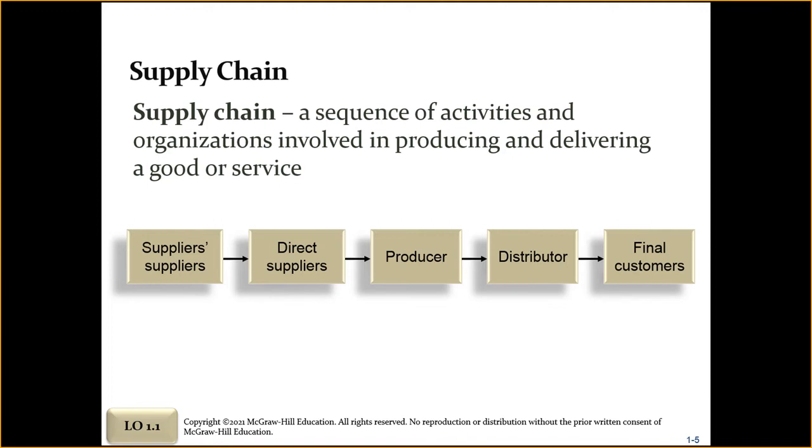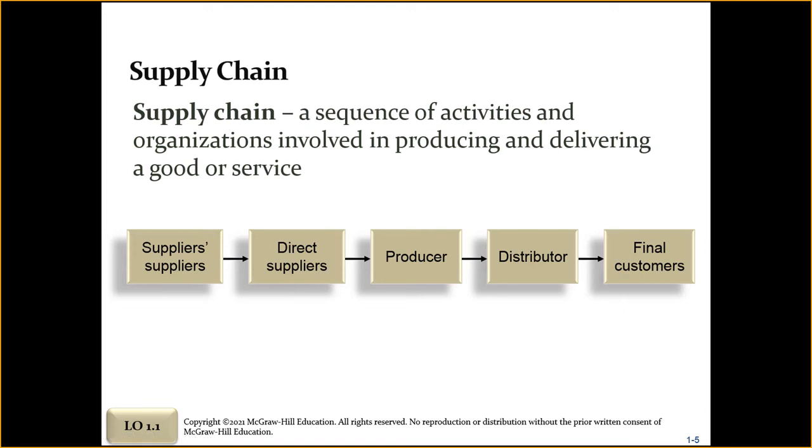Also, throughout this class, we're going to talk about supply chain, how a product goes through certain stages from beginning until it eventually ends up in the customer's hand. As you can see, you have different stages or different players in the supply chain.